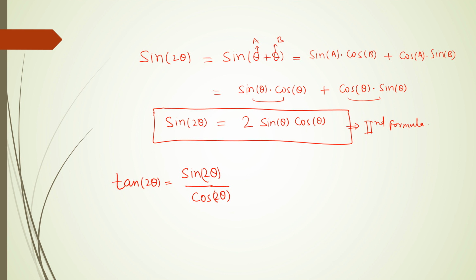We will not go directly, but we will generalize the formula first. Let's say we have the formula for tan of A plus B. What is tan of A plus B? From our basic identity, tan is nothing but sin upon cos, so sin of A plus B upon cos of A plus B.